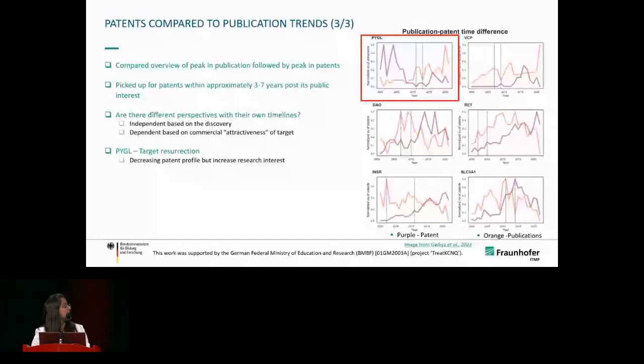But along the same lines, while interest from the pharmaceutical side was decreasing, there was increased interest on the publication or research side. This was a classic case of target resurrection, because this target was later found to be a major player in type 2 diabetes, which led to an increase in the number of publications, as you can see.